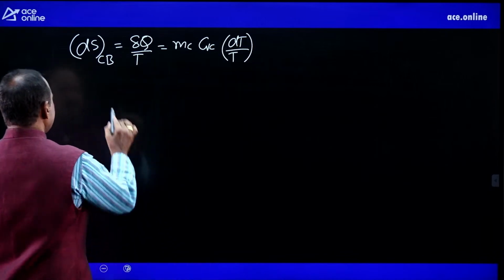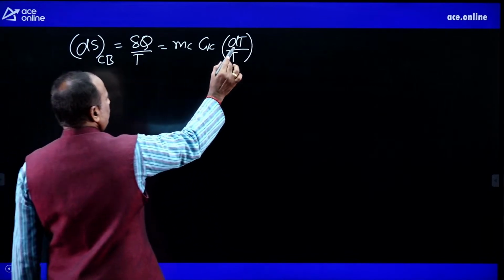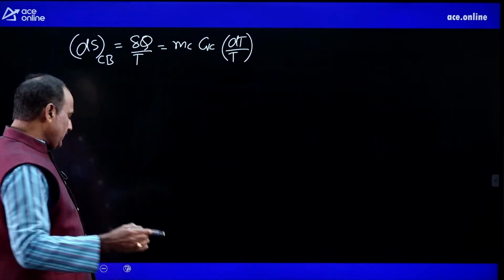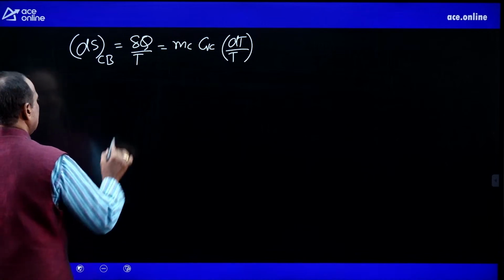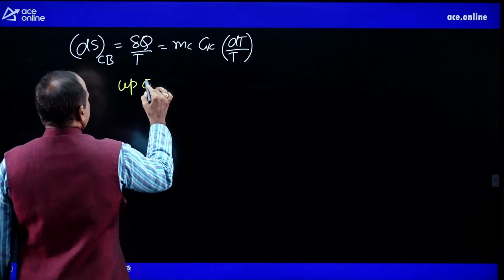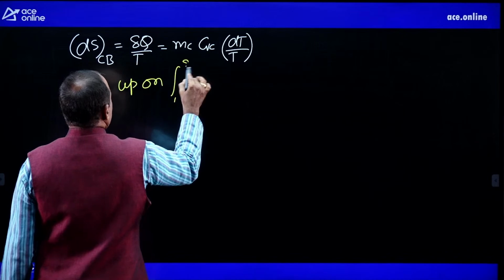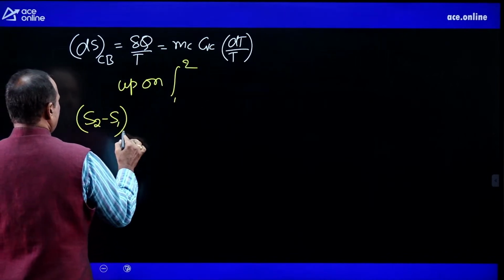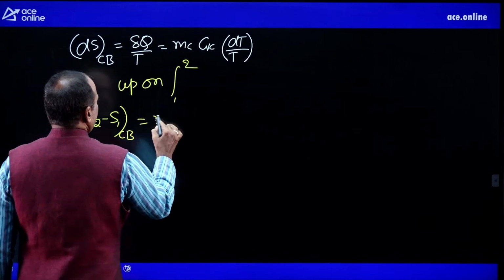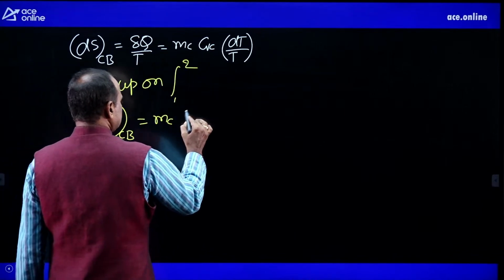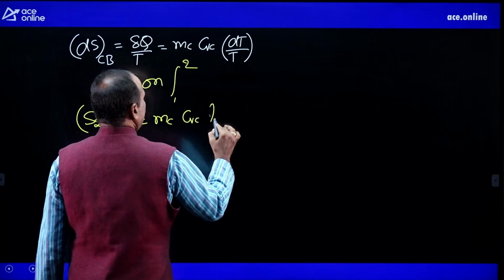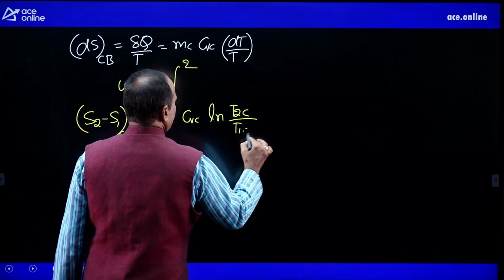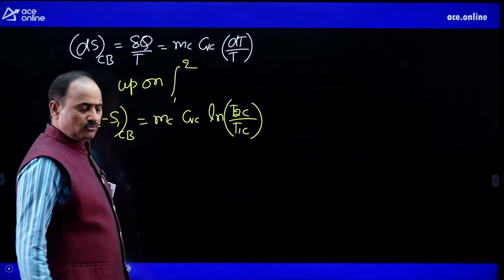So that is a small change in entropy dS with small change in temperature dT. For getting the overall change in entropy, upon integration and applying the limits from 1 to 2, you can write S2 minus S1 for the cold body is equal to mass of the cold body, Cv of the cold body into ln T2 of the cold body divided by T1 of the cold body.